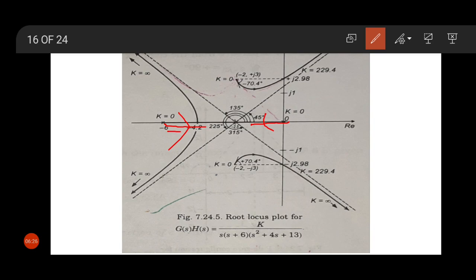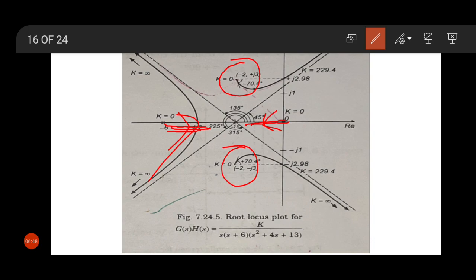That's why from minus 6 the locus starts in this direction and from 0 the locus starts in this direction. But we don't know from this pole and from this pole how the locus starts.